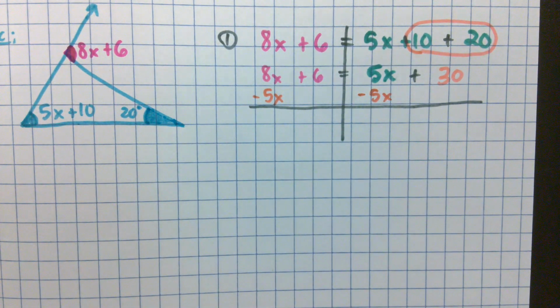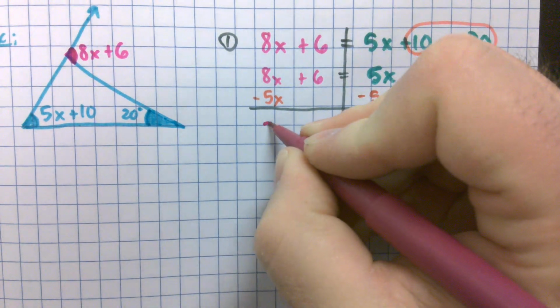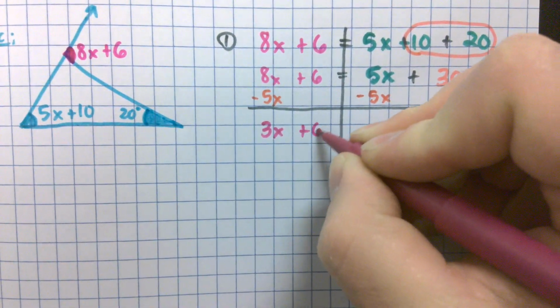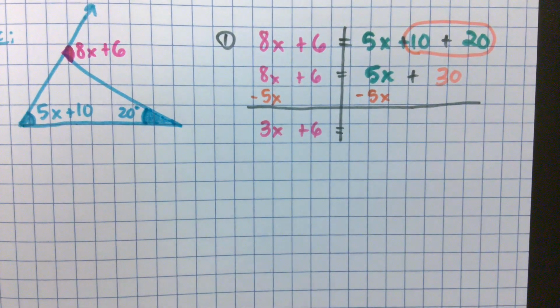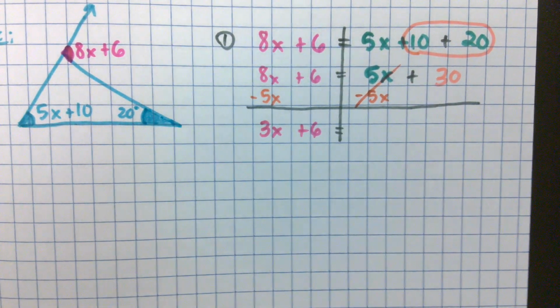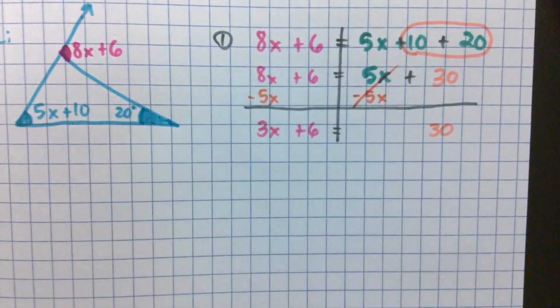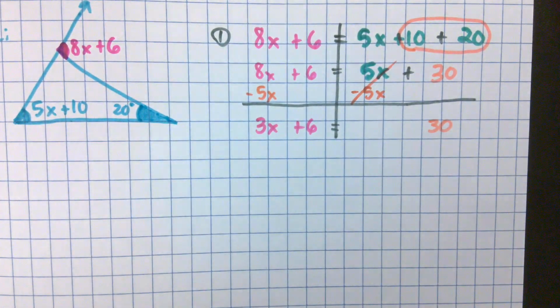What is 8x minus 5x? 3x. My 5x is on the right, cross out, leaving me with 30. I'm going to keep everything spaced out so we can see what we're losing each time. What can I do now?